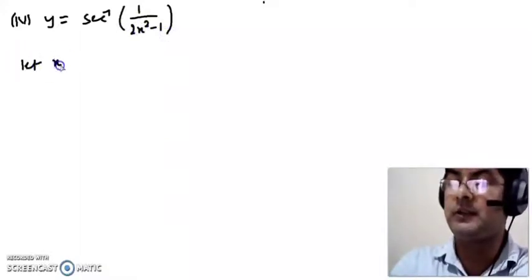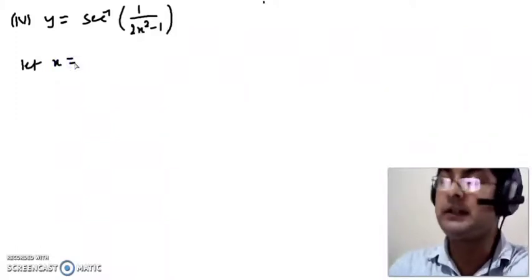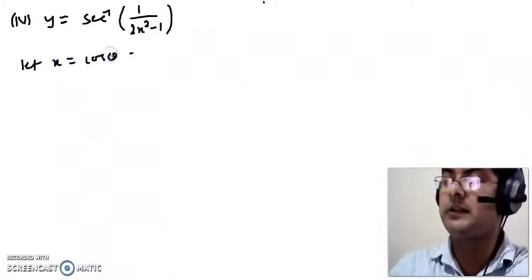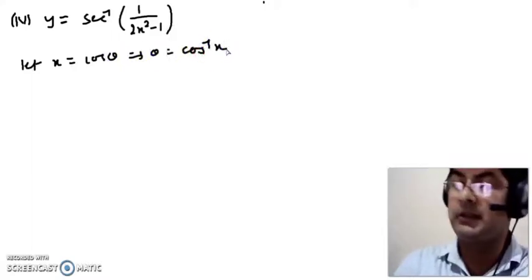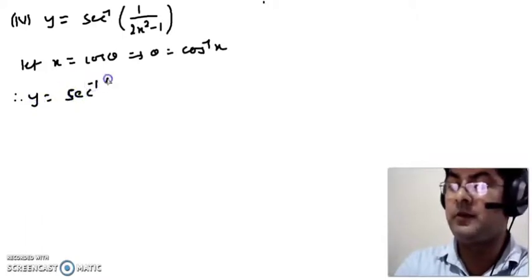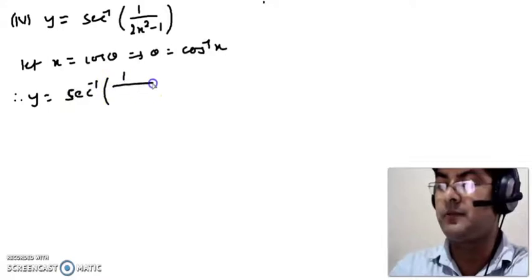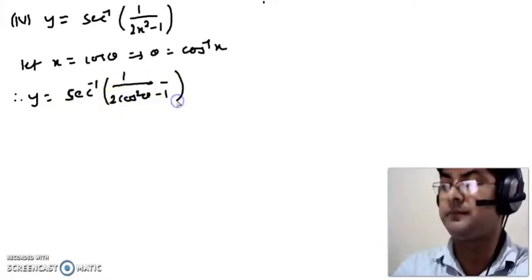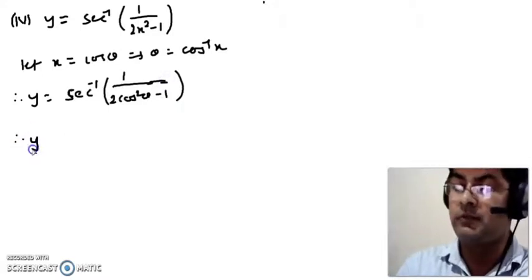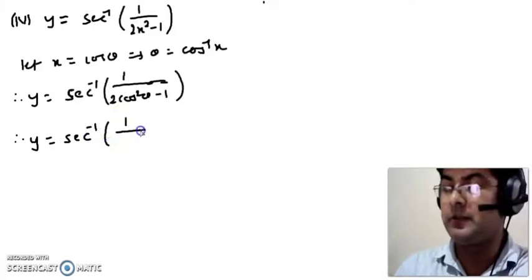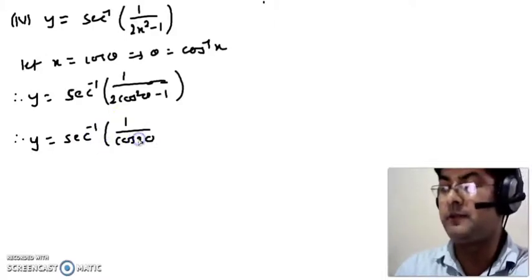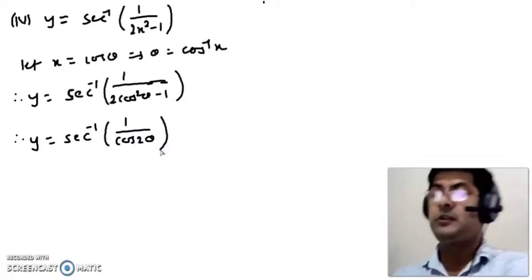Okay, here we can consider cos theta for x. Let x is equal to cos theta, and therefore theta will be equal to cos inverse x. So y is equal to sec inverse of 1 upon 2 cos square theta minus 1. Therefore y is equal to sec inverse of 1 upon, the denominator is a formula of cos 2 theta, yes or no?